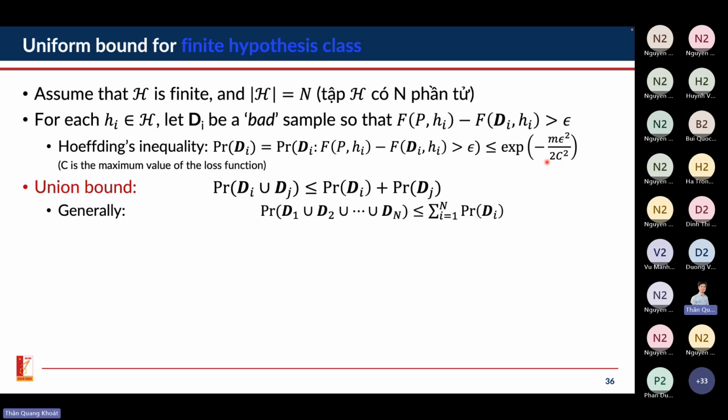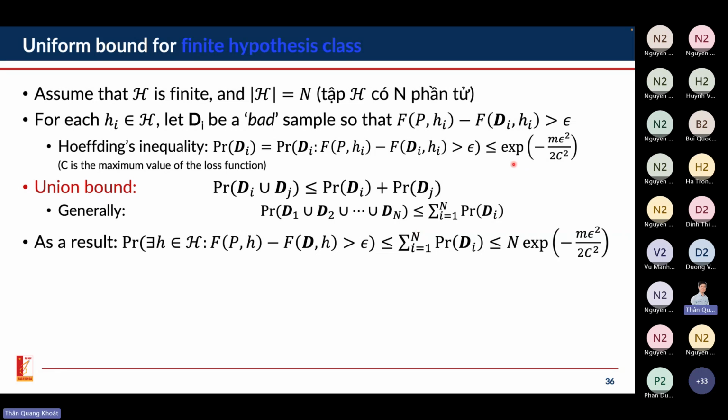Okay, and then for two different data sets, D_i and D_j, the union bound provides this quantity, right? That is, the probability of the union of D_i and D_j is less than the sum of the probabilities of those two subsets. And then if we apply this for every other bad data set, we will have this one.